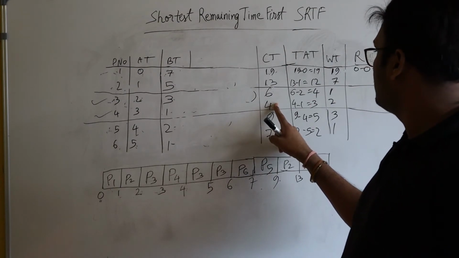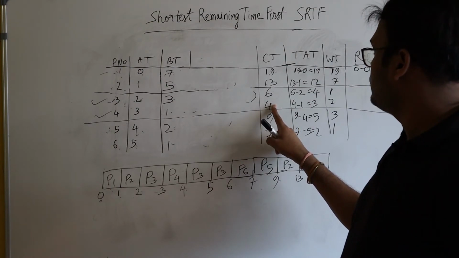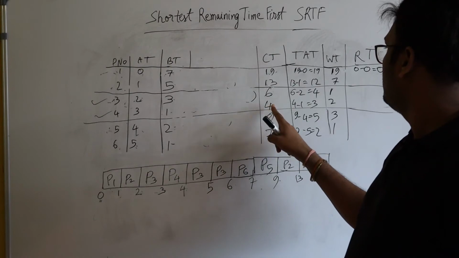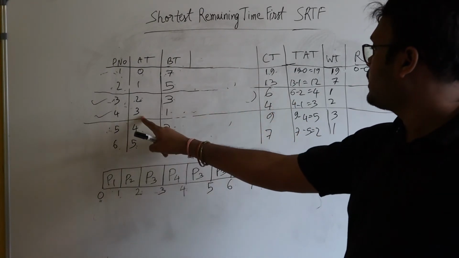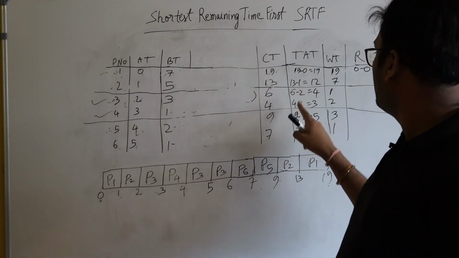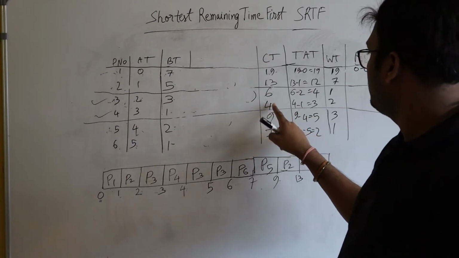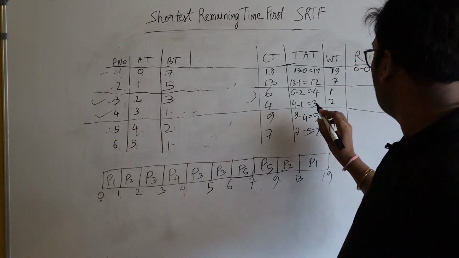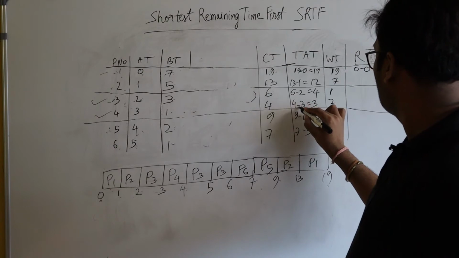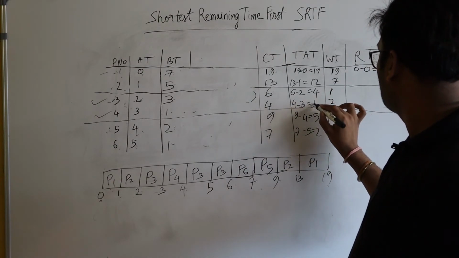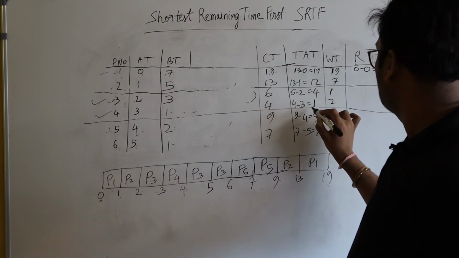Completion time minus arrival time is the turnaround time. So I've done 4 minus 3. For P4 it will be 4 minus 3, sorry, it will be 1. So I'm very sorry for this.